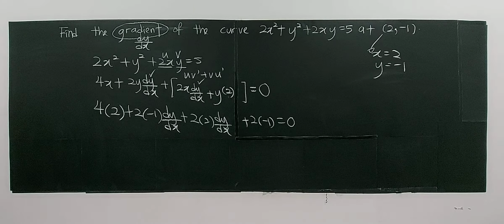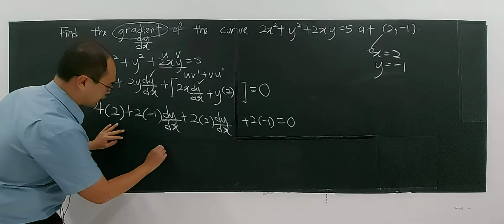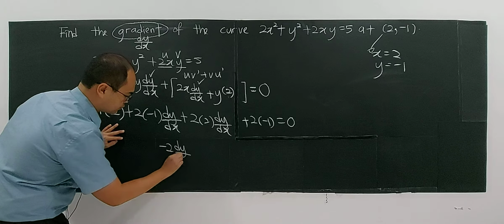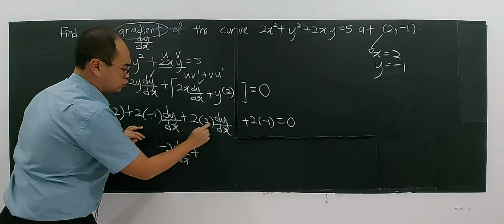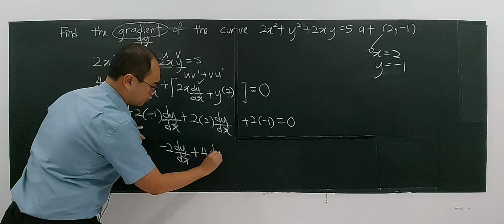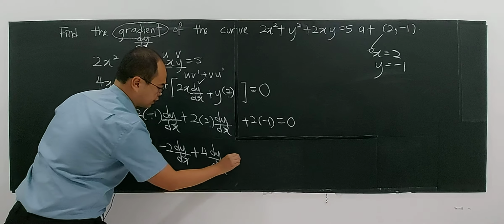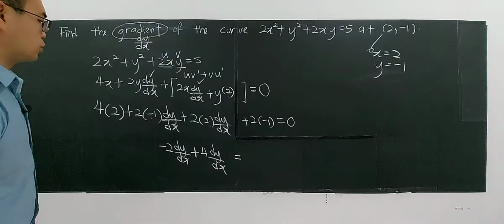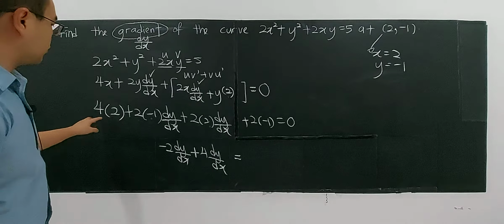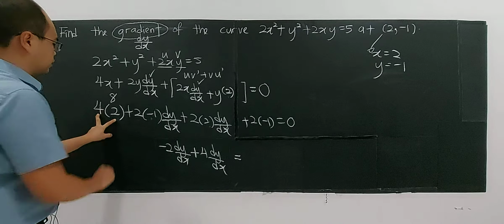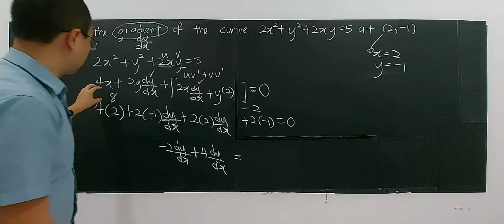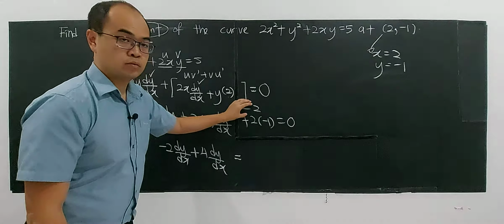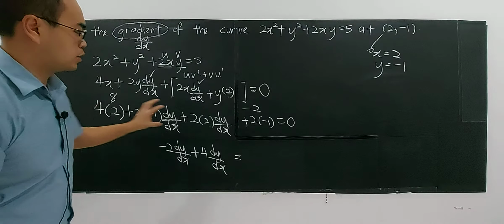Evaluating, you have -2 dy/dx plus 4 dy/dx, equals, from the 4x you have 8, and here you have -2, so 8 minus 2 gives +6.